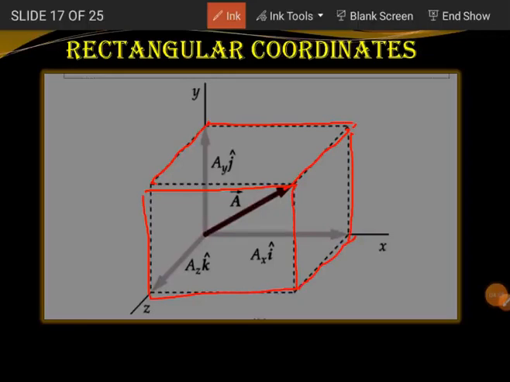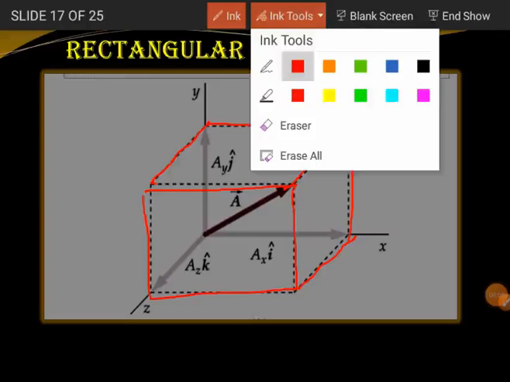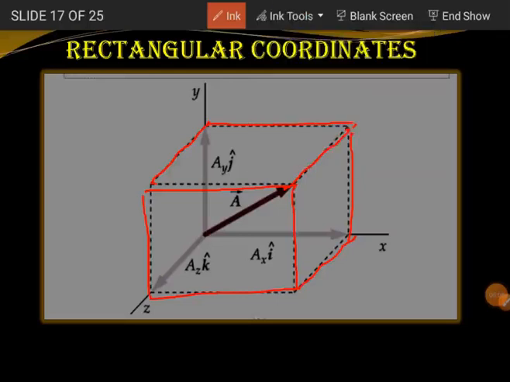But the portions you are not observing, that you cannot see, that portion which is behind, let me draw it with a blue color. This side of the cuboid you cannot see, right? This portion, with this blue.